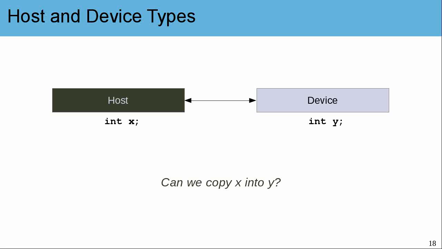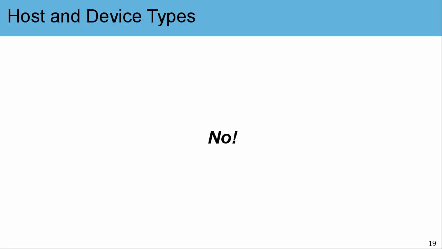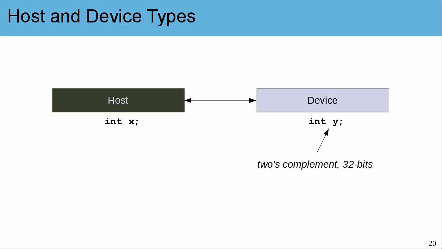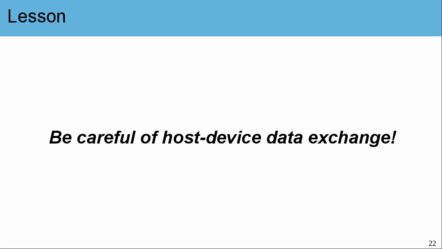What do you think? The answer is definitely not. And be very careful of this. On the device, we represent integers with 2's complement and 32 bits. On the host, we don't know the representation. We don't even know the bit size.